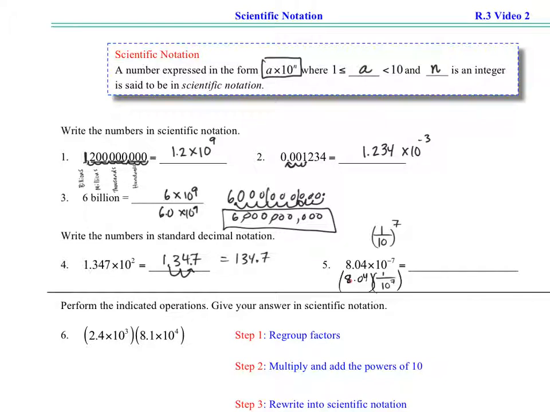If we have a number times a fraction, we can give our number a denominator of 1 and multiply straight across. So we would have 8.04 divided by 1 times 10 to the 7th, which is just 10 to the 7th. So you see how we're dividing by 10 to the 7th. So our 8.04 is going to get quite a bit smaller.